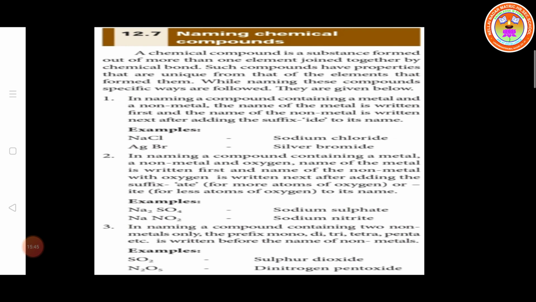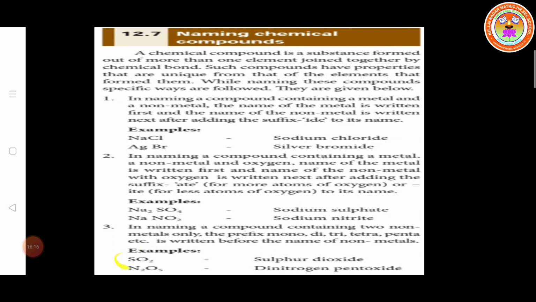Then the third rule: in naming a compound containing two non-metals only, the prefixes mono, di, tri, tetra, penta, etc. are written before the name of the non-metal.